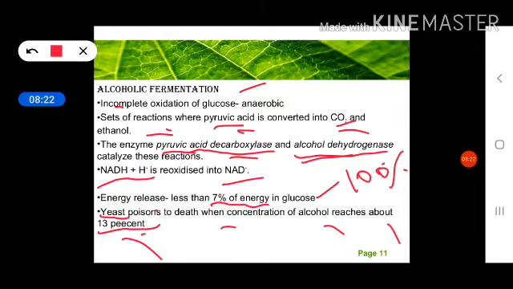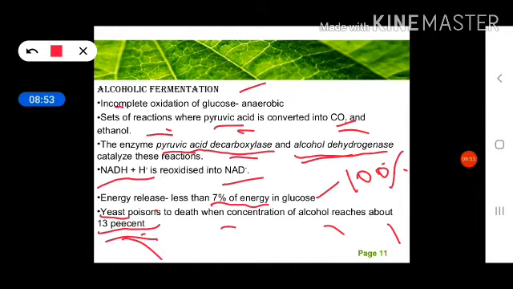The complete oxidation of the pyruvate by the stepwise removal of all the hydrogen atoms, leaving three molecules of CO2 in the matrix of the mitochondria. So what is taking place in the matrix of the mitochondria? The complete oxidation of the pyruvic acid will take place in stepwise reactions, due to which all the hydrogen atoms will be removed and 3 CO2 molecules will be released.